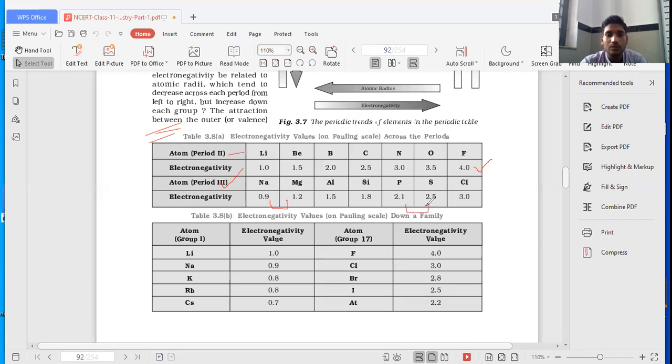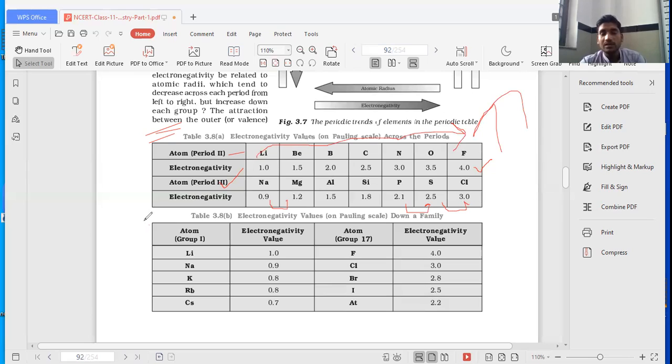After phosphorus to sulfur the difference is 0.4 and sulfur to chlorine the difference is 0.5. So need not make any hard and fast rule for the variation in the electronegativity, right? But it is easily observable that along a period electronegativity value is increasing, right?